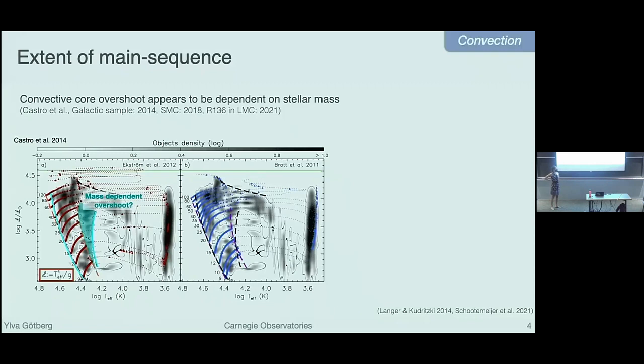Yeah, it would, right? Something else that is interesting when you look at these diagrams is whether these stars, in fact, are not main sequence stars, but maybe they are evolved blue supergiants that just never evolved further.